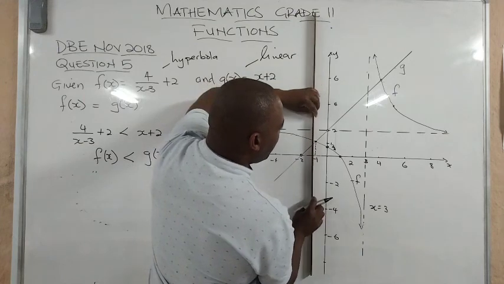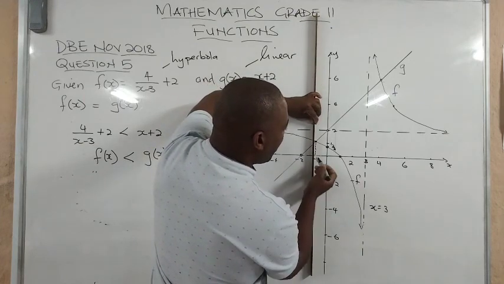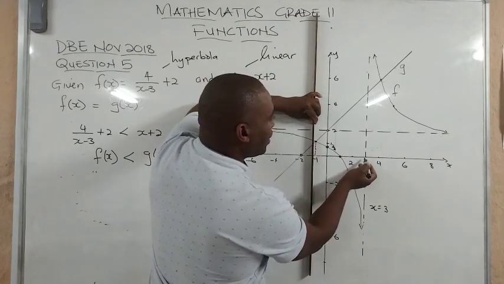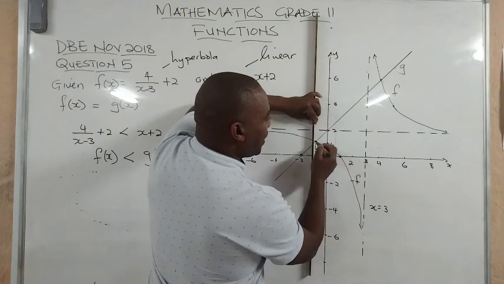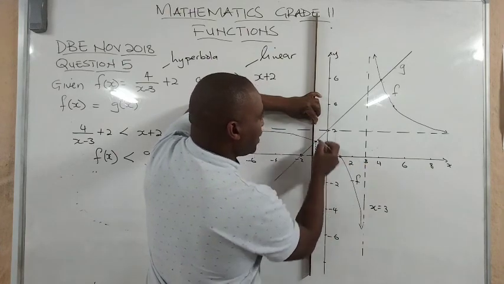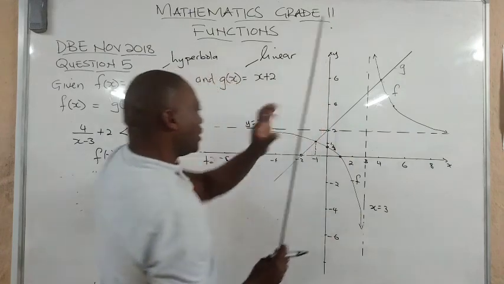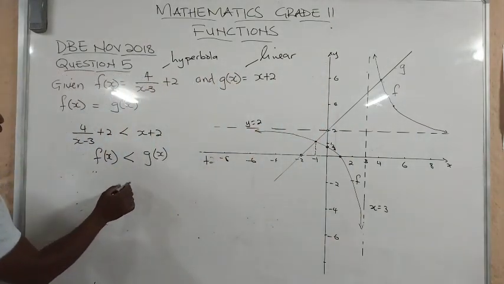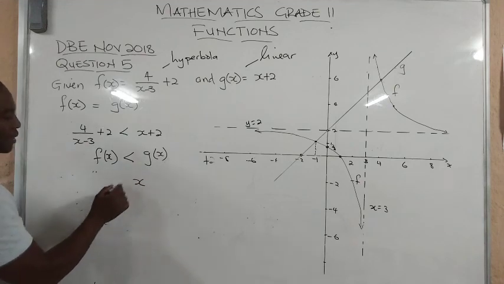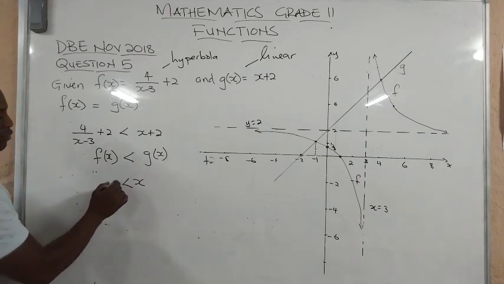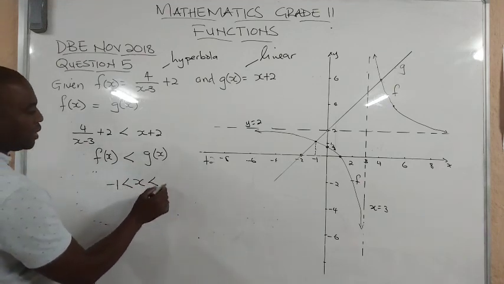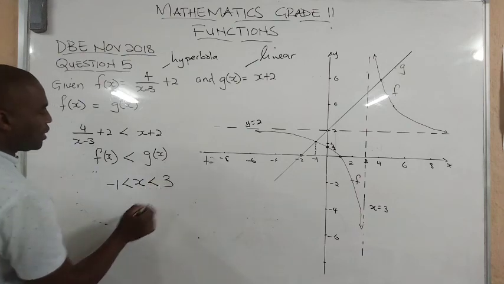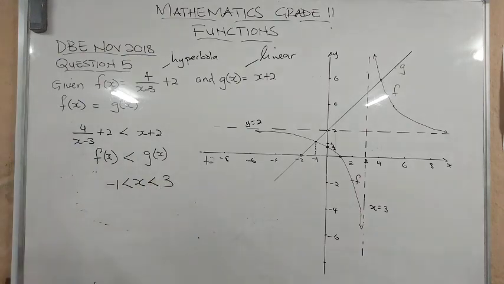So the values of x that we want is from negative 1 to 3. That's where f of x is below g of x. So we write that as an interval. We are saying x is greater than negative 1 but less than 3 to answer this question.